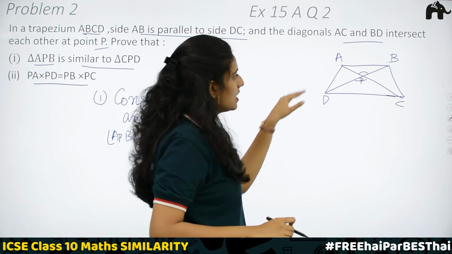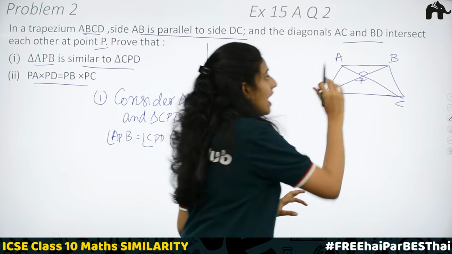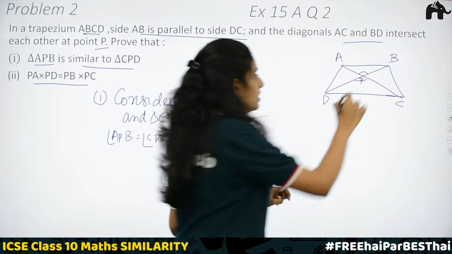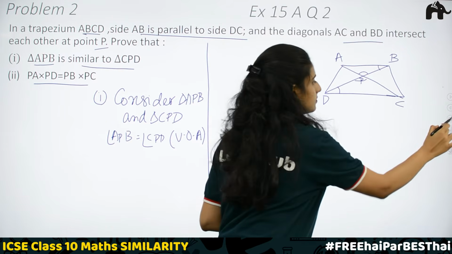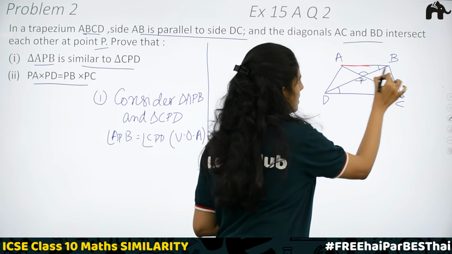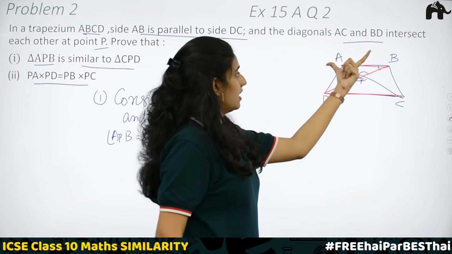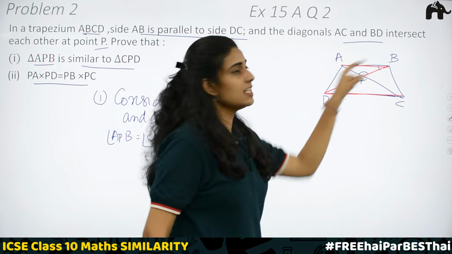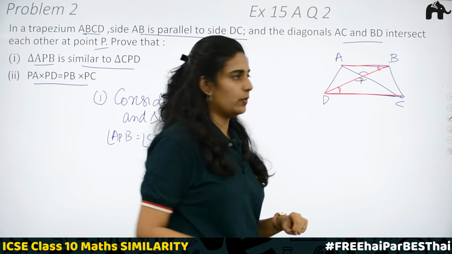When a transversal passes through a pair of parallel lines, we have corresponding angles equal and alternate interior angles equal. Now, these two angles are alternate interior angles. See, this is a Z shape. Here, AB is parallel to DC and BD is a transversal, which means these two angles should be equal.